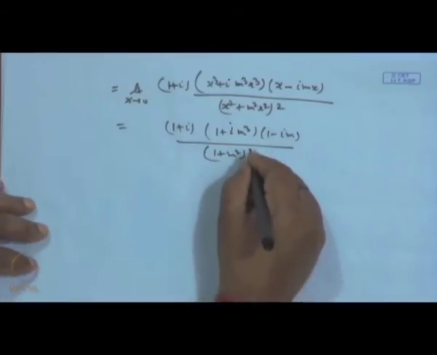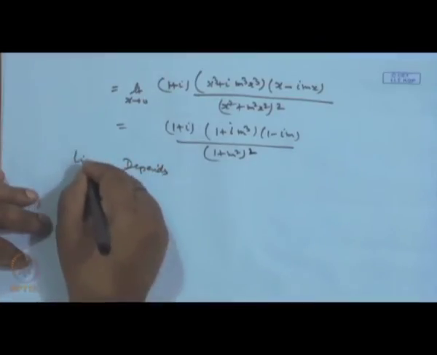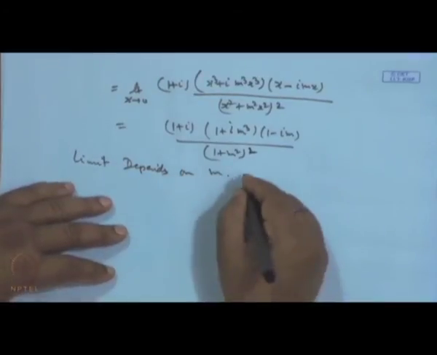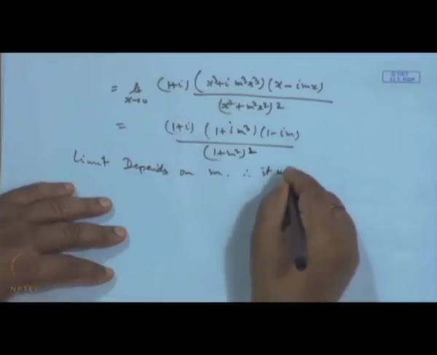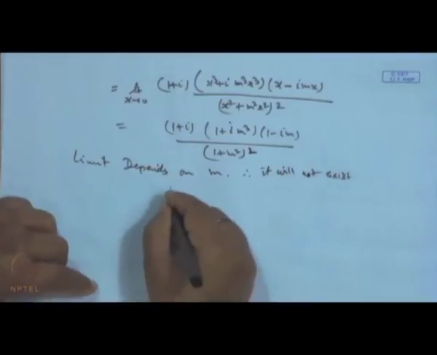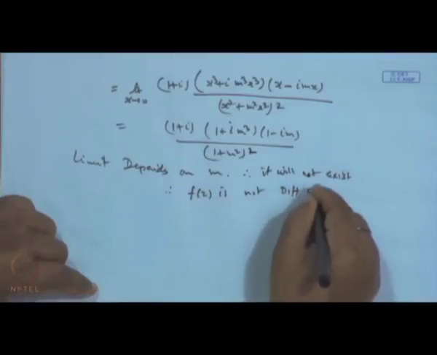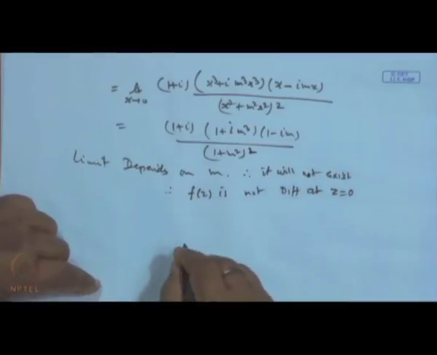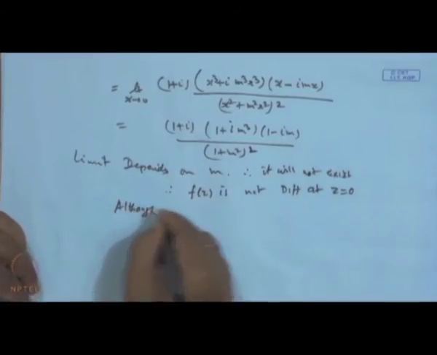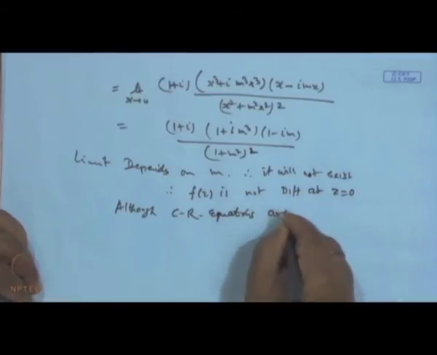So, this limit depends on m. Therefore, it will not exist. So, function f(z) is not differentiable at z equal to 0, although CR's equations are satisfied.